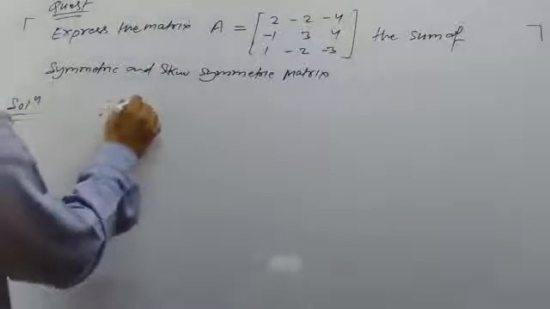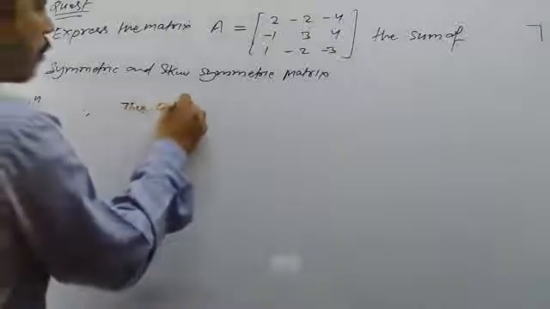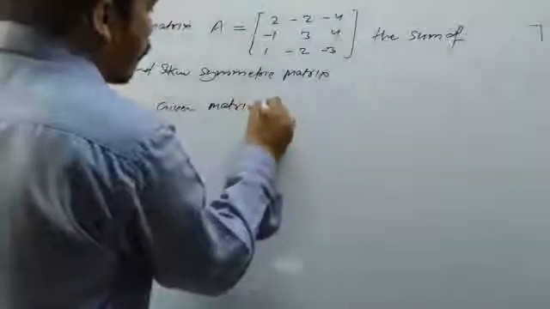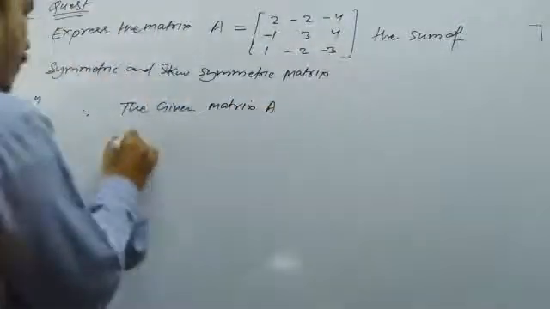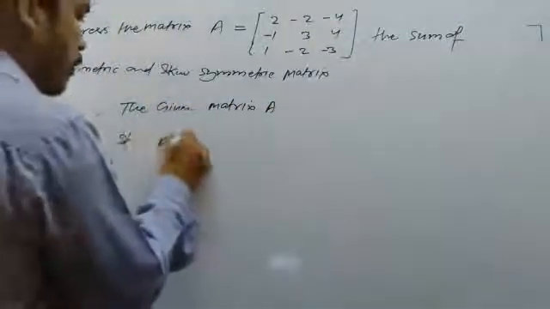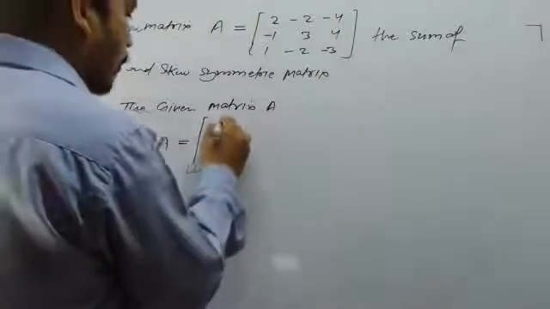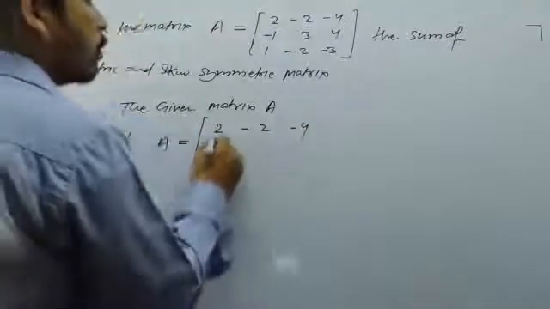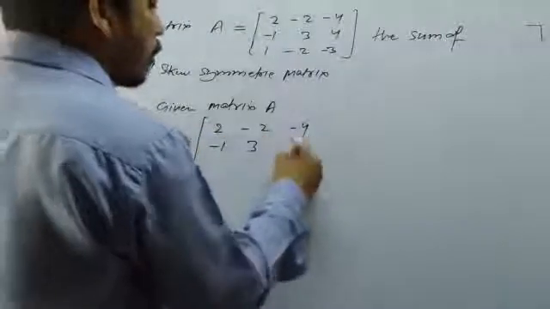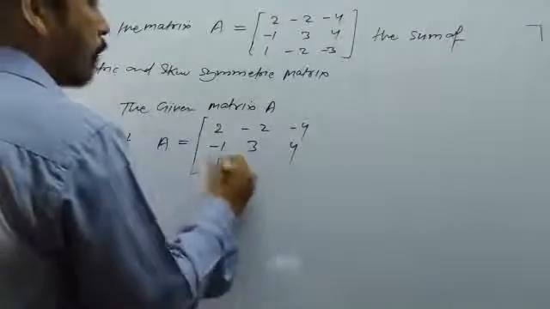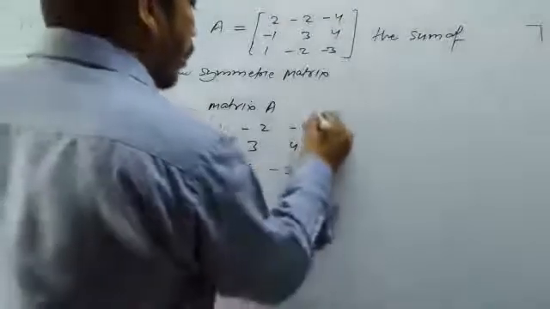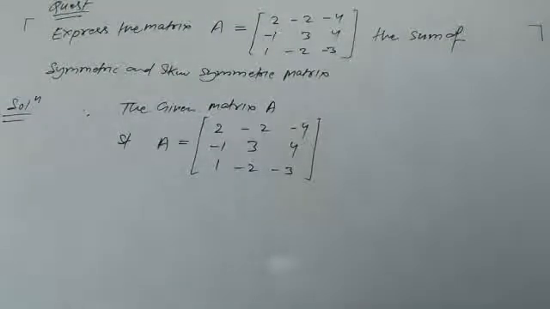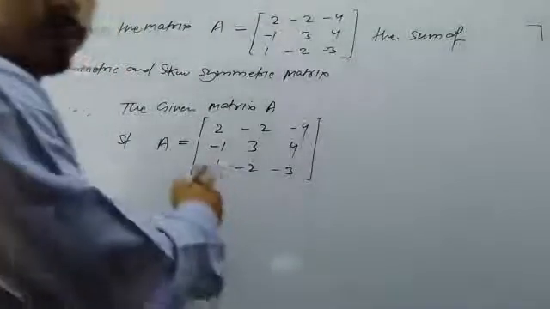Since the given matrix A is 2 minus 2 minus 4, minus 1 3 4, and 1 minus 2 minus 3, first we find the transpose.